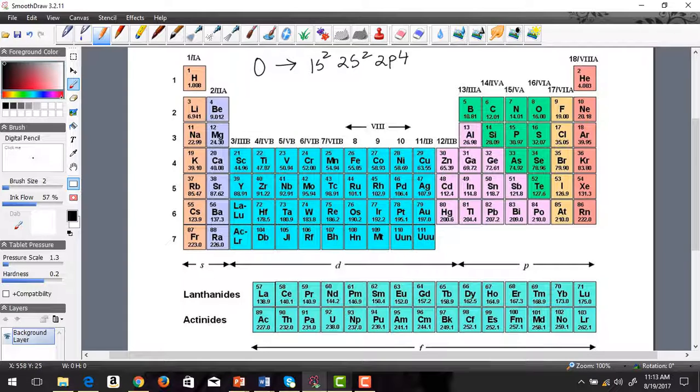Now, this is a single oxygen element, but we all do something every day, which is breathe. The air that we breathe has oxygen in it, and that's not O. That is O2. This is what we breathe.